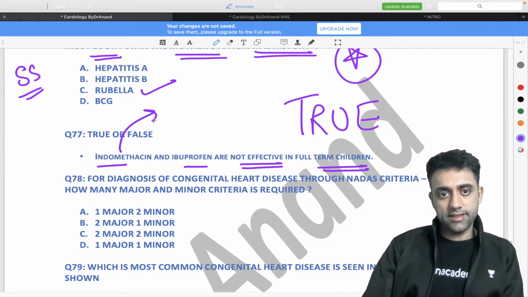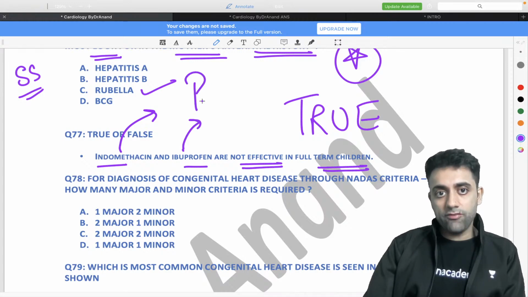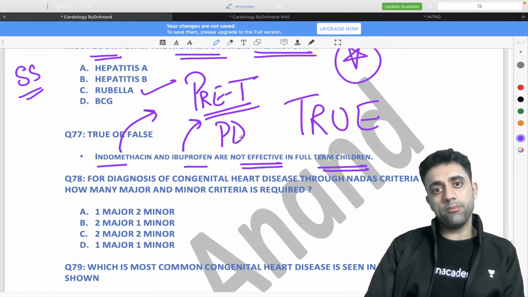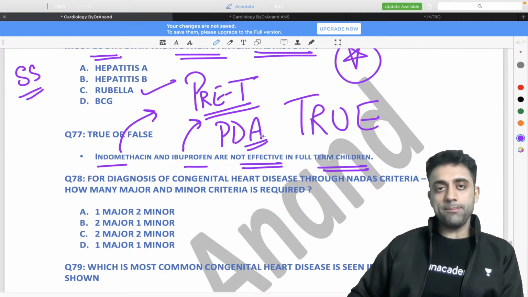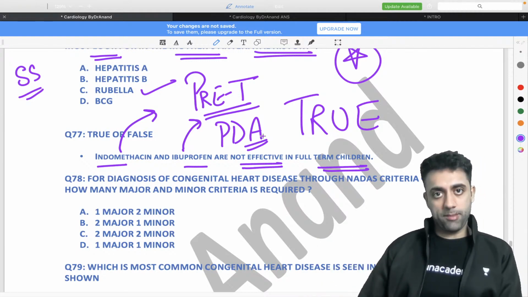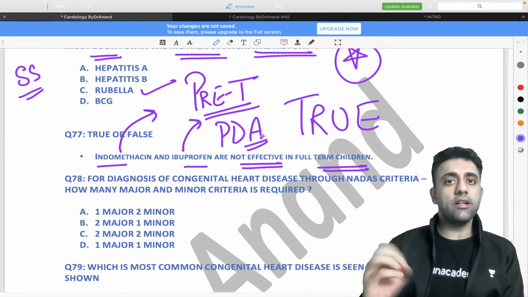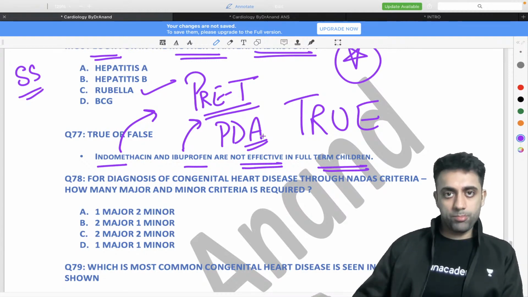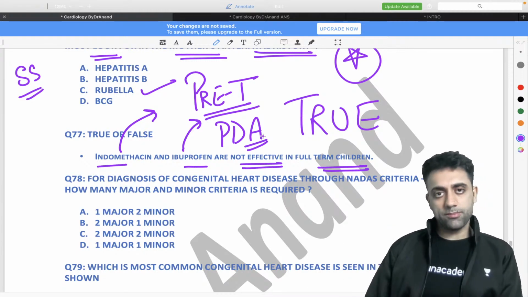Indomethacin and ibuprofen are helpful in preterm babies. A preterm baby can have an open PDA. The more preterm the baby, the more the ductus arteriosus will be open, which is quite normal and common. In a full-term baby the ductus arteriosus should not be open.